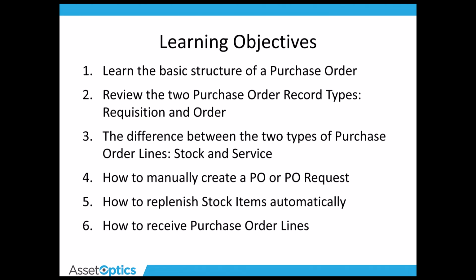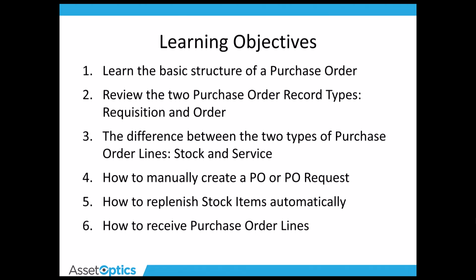So to recap, we looked at the basic structure of a purchase order and noted the fact that they are vendor and storeroom specific. We looked at the 2 record types, requisition and order, and noted that the typical status flow on a purchase requisition is from request to waiting approval to approved, released, in progress, and completed. We also learned a little bit about the 2 different PO line types, stock and service, the former being used to order stock items and the latter for all other charges to a PO.